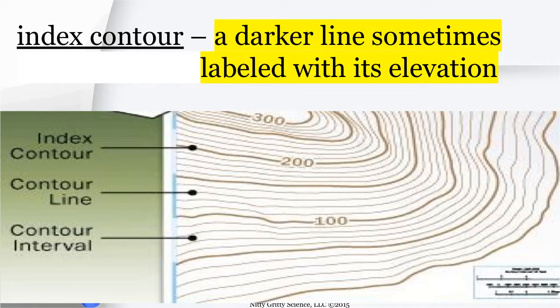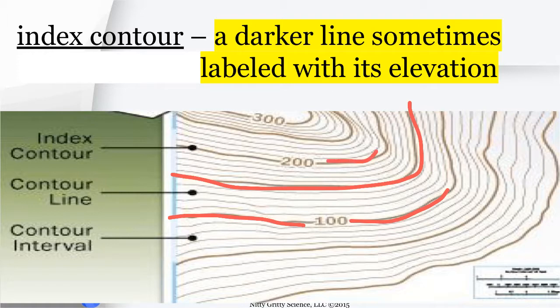A lot of maps will also have index contours. An index contour is a darker line that sometimes is labeled with its elevation, but not all the time. So for example, on this map, the 100-foot index contour is labeled with the elevation. The 150-foot index contour is not.